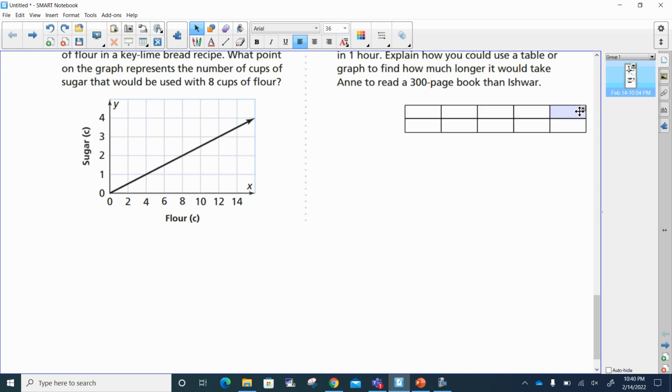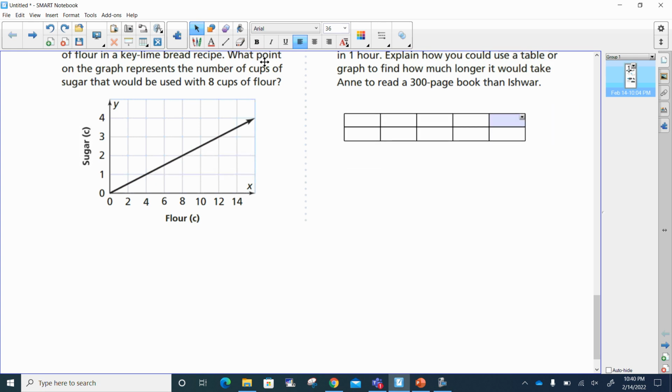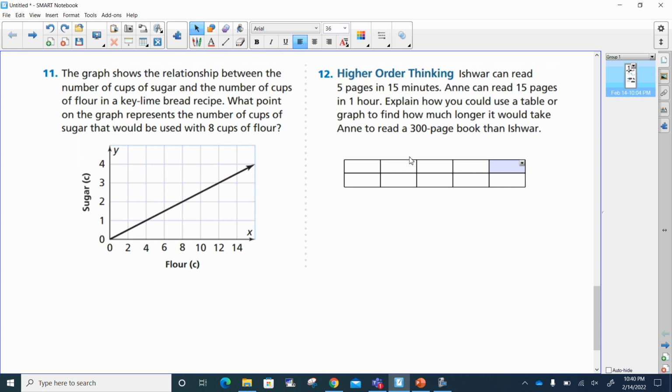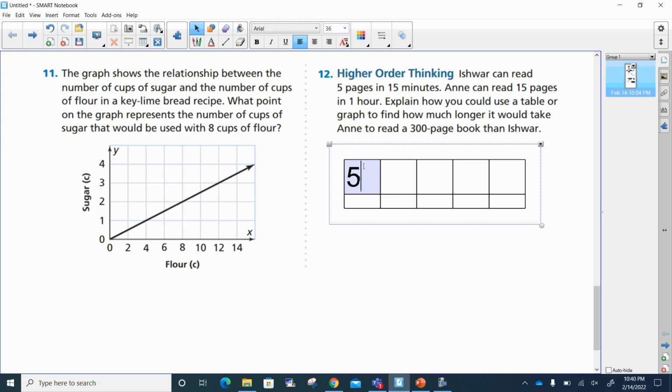Okay, so if we have the table here, remember it said Ishwar can read 5 pages in 15 minutes. So that would be 5. Ooh, that's big. Okay, let's shrink that down a little bit.